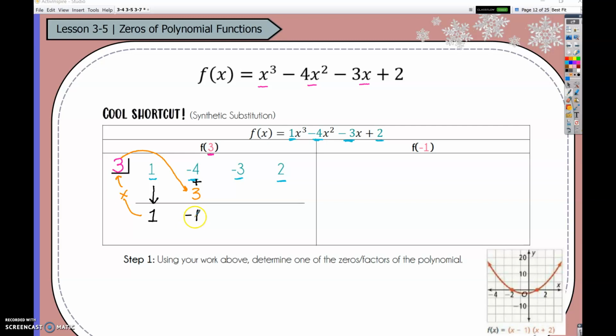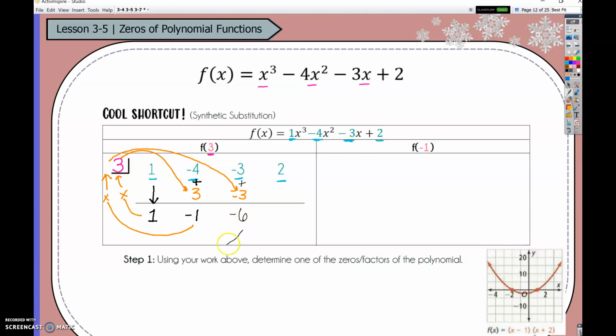With that negative 1, I'm going to repeat the process, multiply it by 3, which is now a negative 3, and throw that down over here. Same thing, I'm going to add negative 3 plus 3, or negative 3 makes a negative 6.